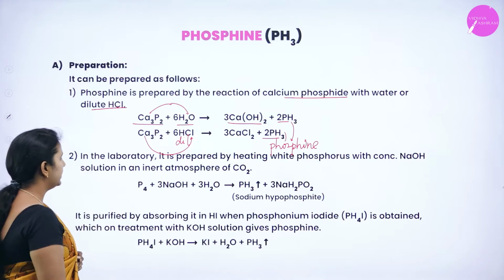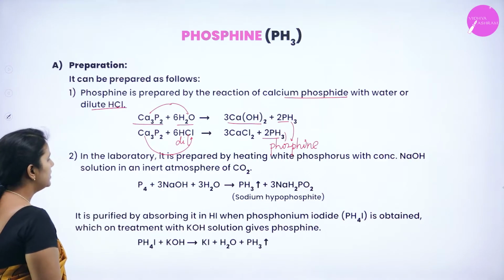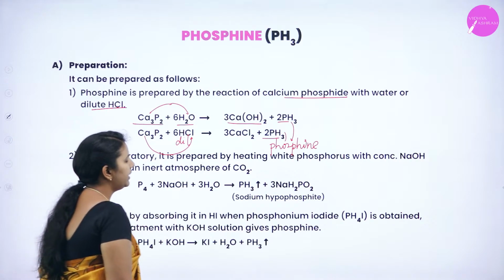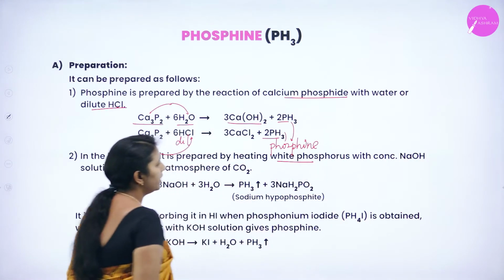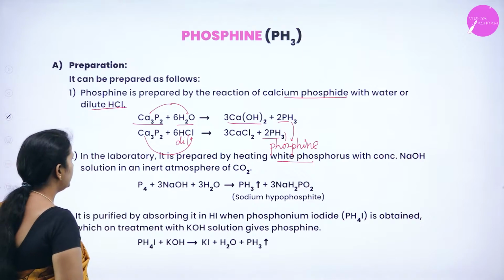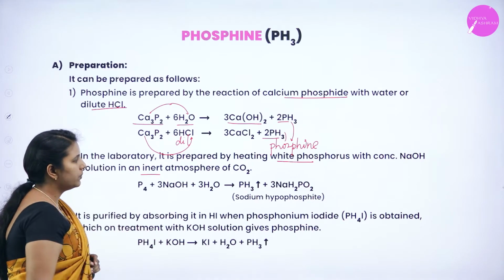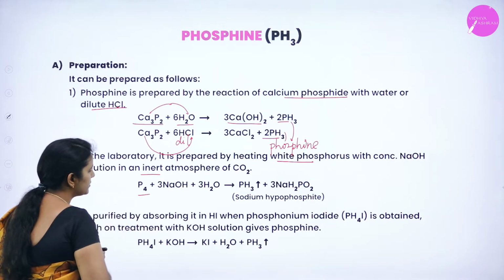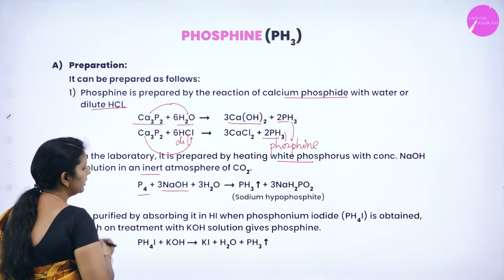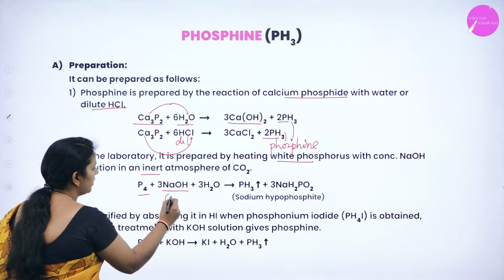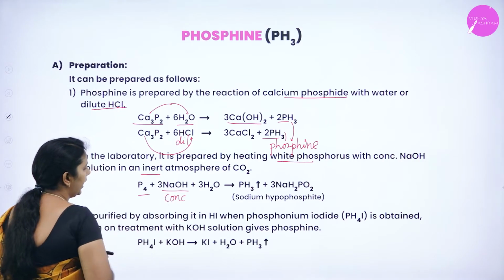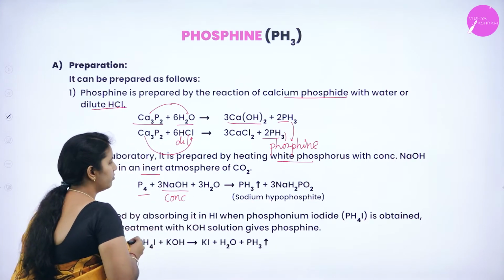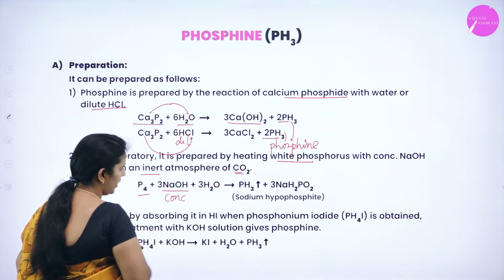We have one more method in the laboratory. Phosphine can be prepared by heating white phosphorus with concentrated NaOH in an inert atmosphere of carbon dioxide. Here I have considered white phosphorus, which is allowed to react with a very strong base, concentrated NaOH, heated in an inert gas atmosphere of carbon dioxide.